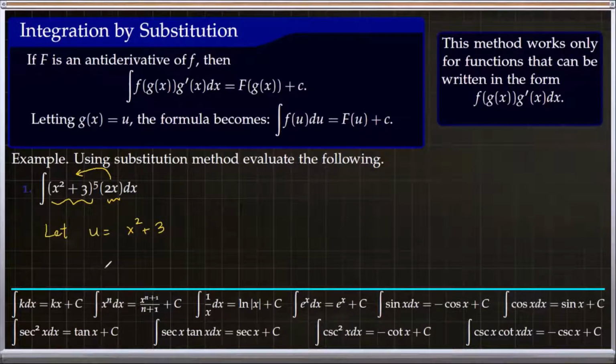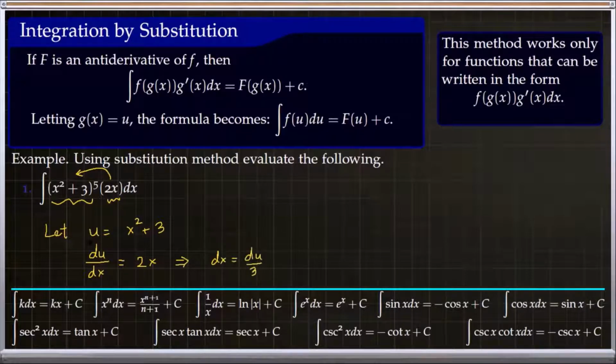For that, we have to find dx in terms of du. So we get du by dx equals 2x, doing the derivative of x squared plus 3.